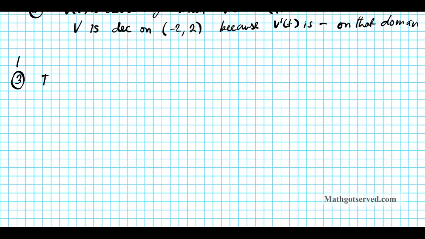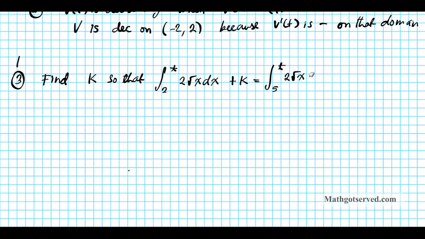So we have to find k so that the integral from 2 to t of 2 root x dx plus k is equal to the integral from 5 to t of 2 root x dx.